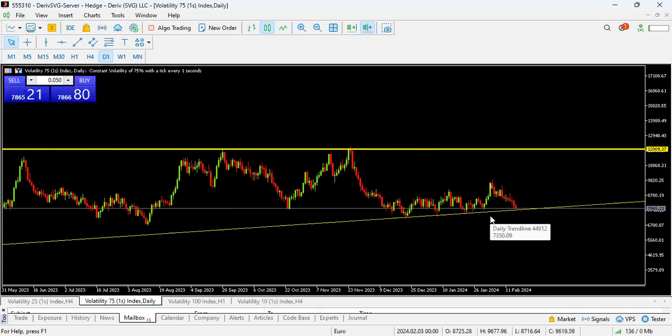For you to buy this market, you need to draw a trend line like this. Put a trend line like this here. All right. Now, you are going to wait for this market.